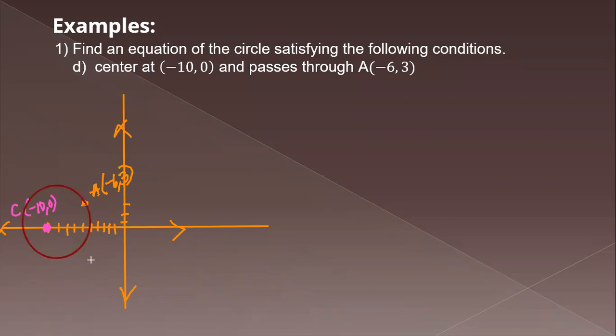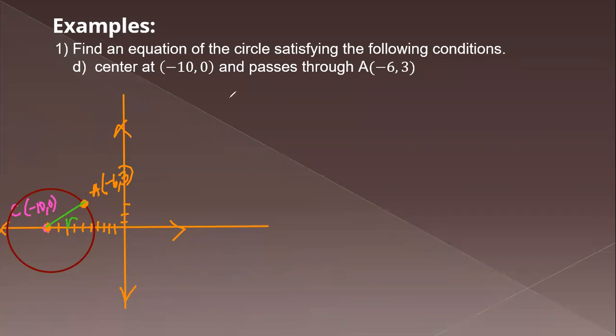Let's graph the circle so we can see its center. So that is how it will look, class. The center is here, and the point it passes through is there. If we connect the center and this point A, we all know that this is the radius.